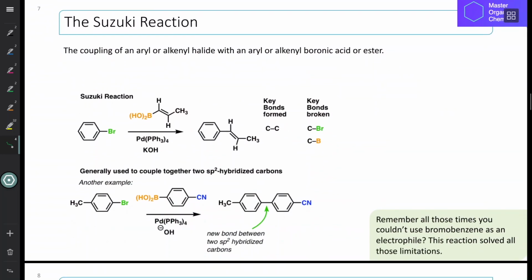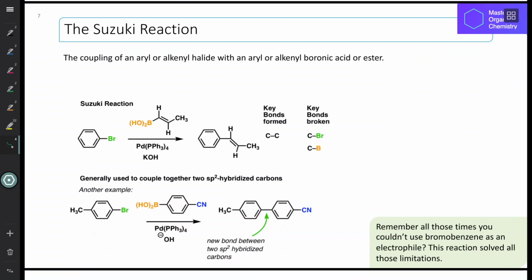Okay, so the Suzuki reaction. Another thank you to Master Organic Chemistry for helping me draw these out. It is also a coupling, and here we're going to have an aryl or alkenyl halide. So aryl is an aromatic group, right?